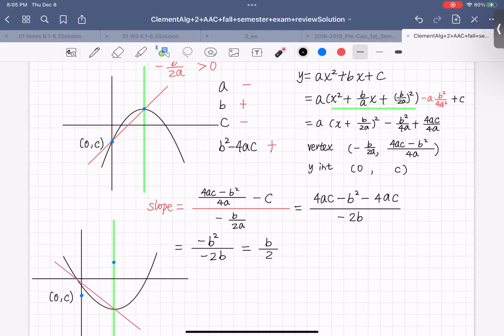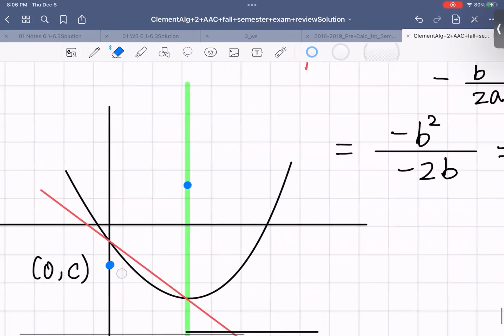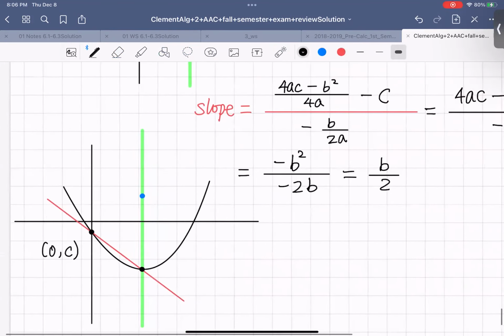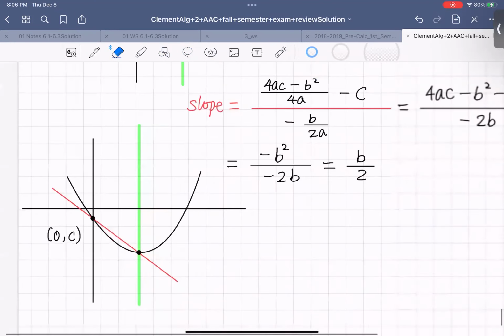Okay. So if I connect the new position of my vertex and the y-intercept, this gives you also the correct answer.